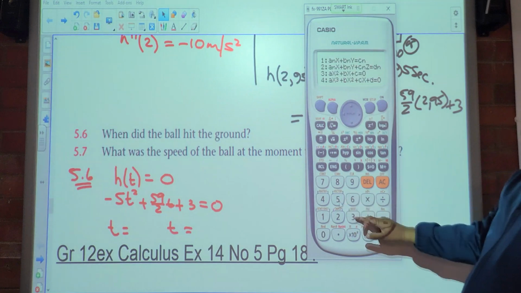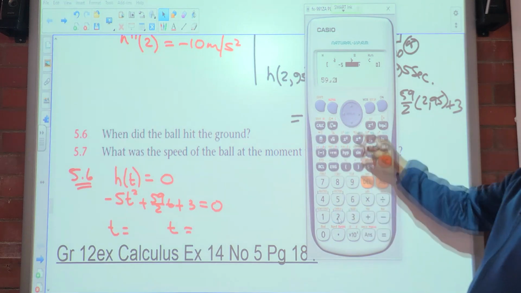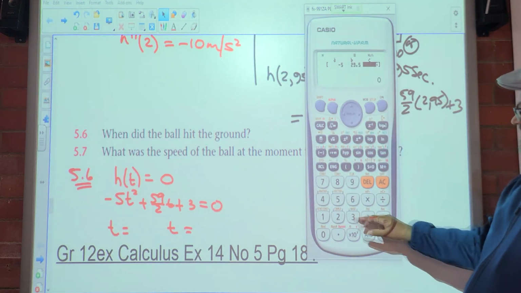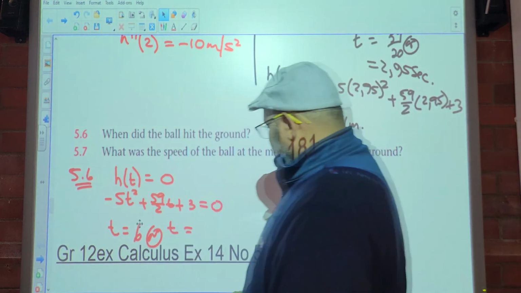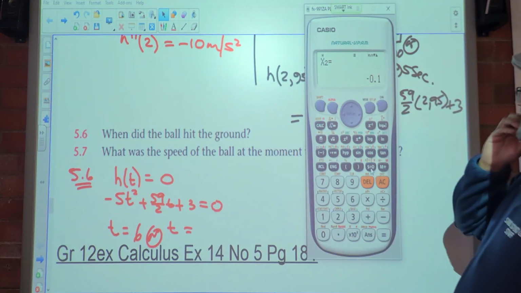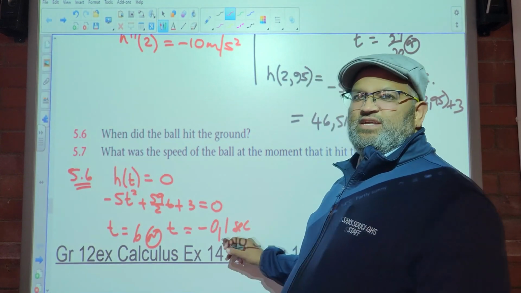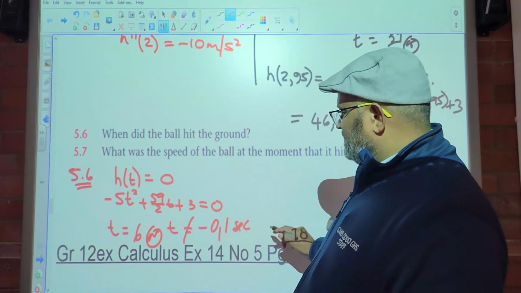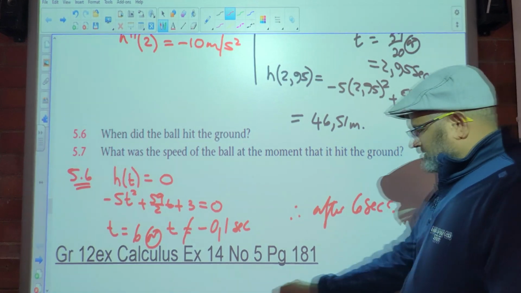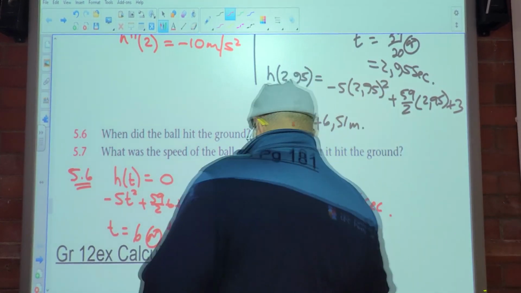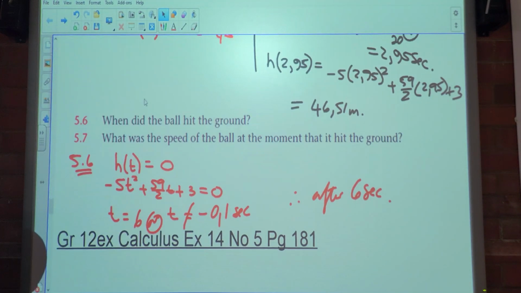Mode, negative 5, then 59 over 2, and 3. The first answer is 6, after 6 seconds, or after negative 0.1 second. Can it be negative 0.1 second? No, of course not. So after 6 seconds it will hit the ground again. Is that correct?